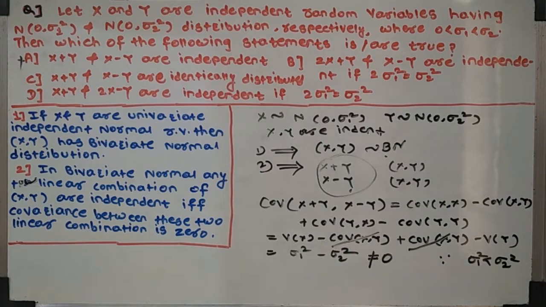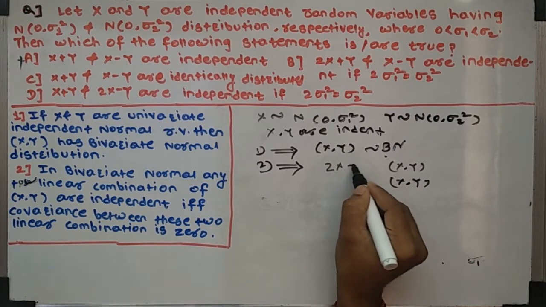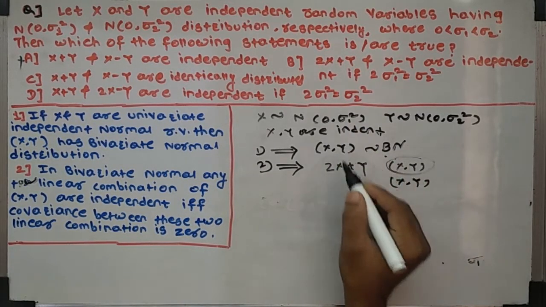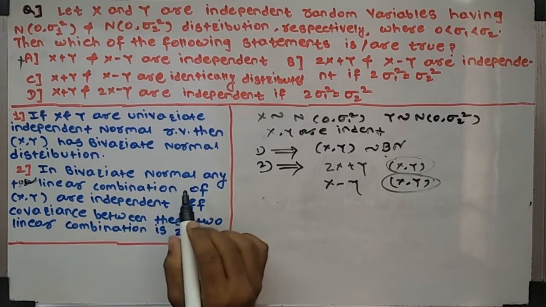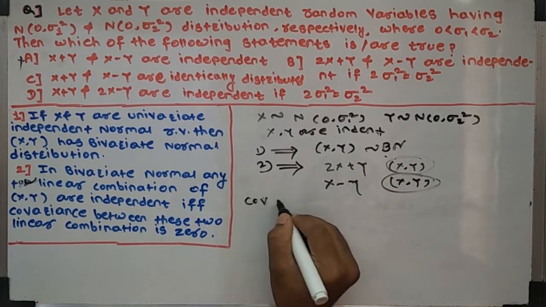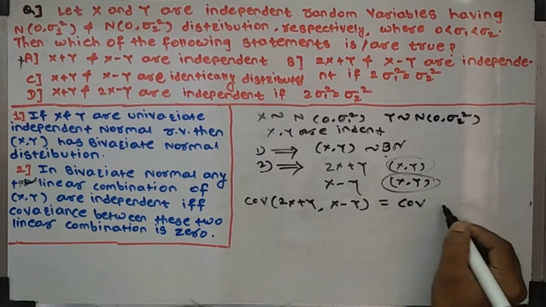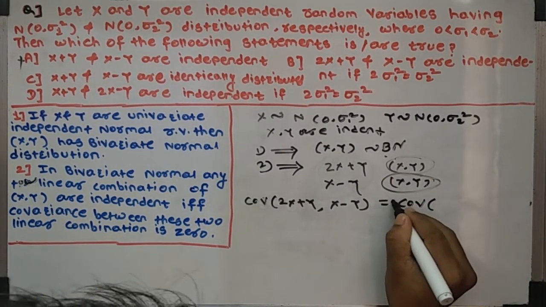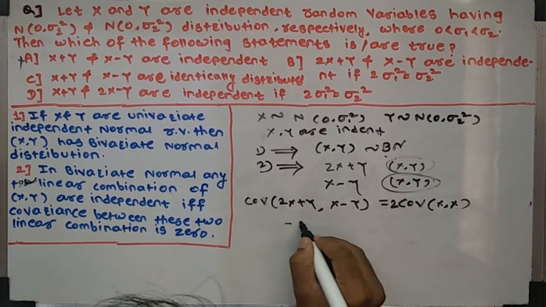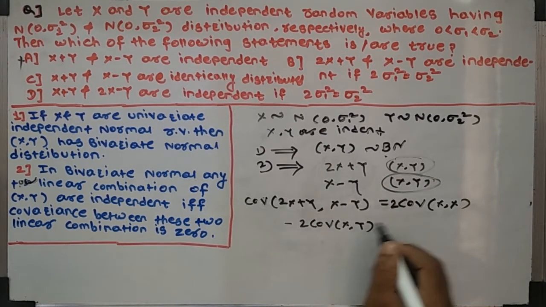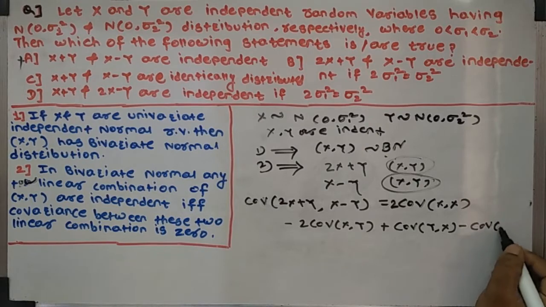Here also, 2X plus Y is a linear combination of X, Y, and X minus Y is also a linear combination of X, Y, which are independent if the covariance between the two is 0 by the second result. So we check the covariance between 2X plus Y and X minus Y, which is equal to 2 Cov(X, X) minus 2 Cov(X, Y) plus Cov(Y, X) minus Cov(Y, Y).